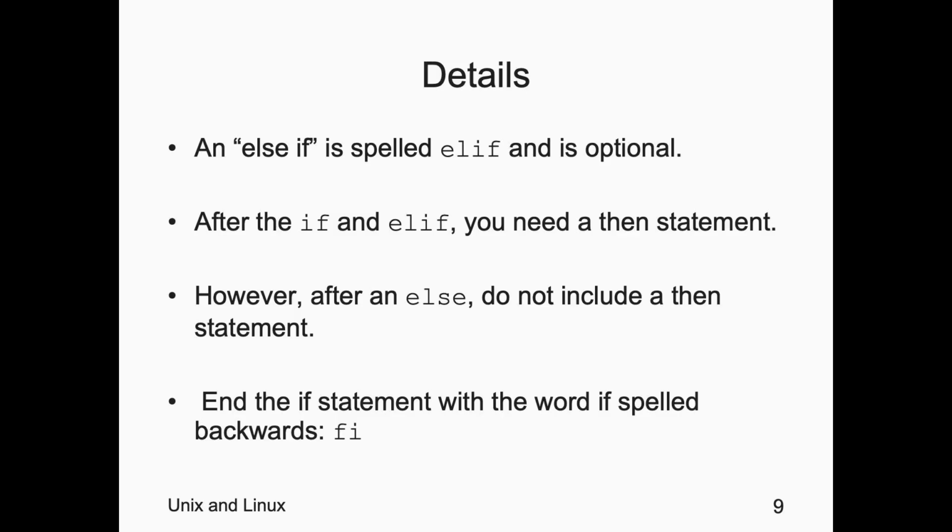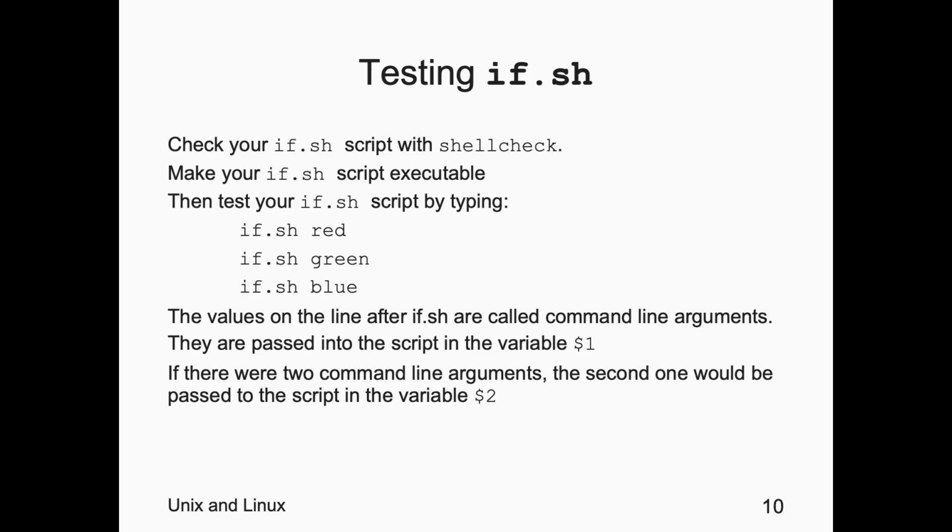However, if you have an else statement, which is kind of like that final statement that you might have, so in our case, it was no idea what this color is, don't include a then statement after that. And then to end the entire if statement, you can simply write the word if spelled backwards, which is fi. So this slide is just summarizing what we just did.